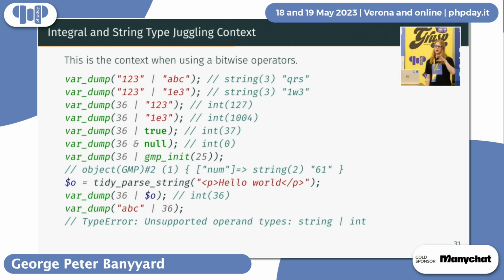GMP is an object from an internal extension, which is about arbitrary precision. So you can have integers which are larger than 64-bit integers, and it implements some operator overloading, so it will call that. But then there's this weird other object that I discovered, which is part of the tidy library, which is meant to parse HTML and clean it up.